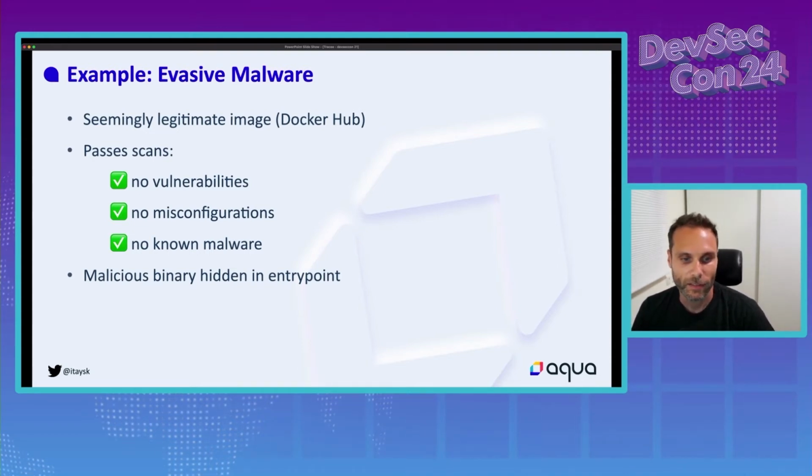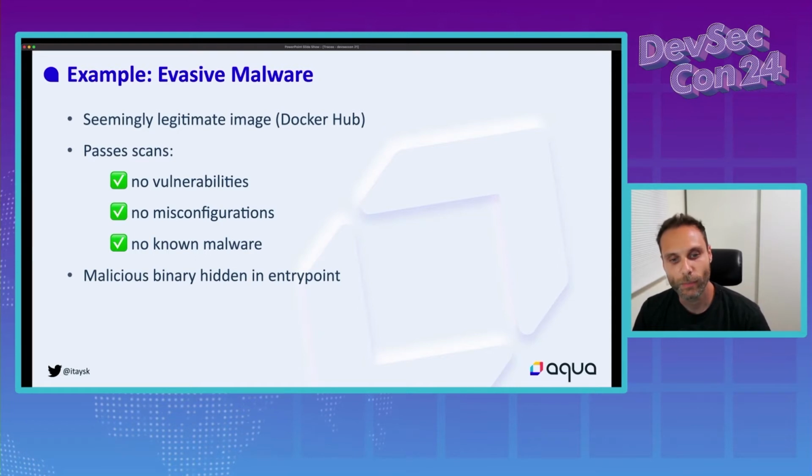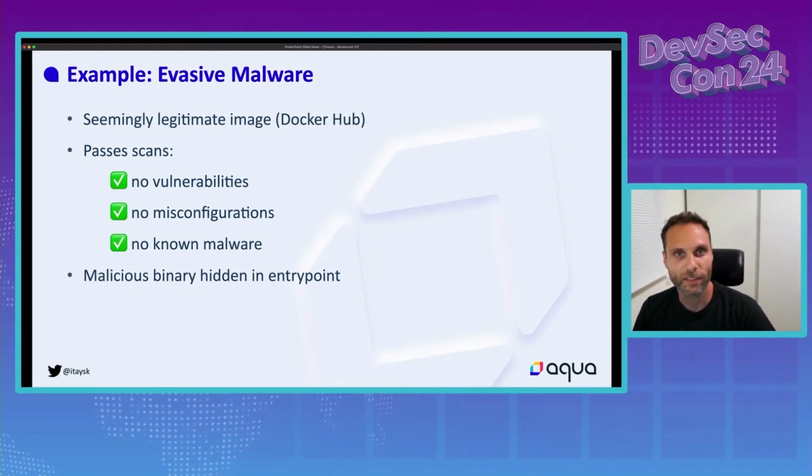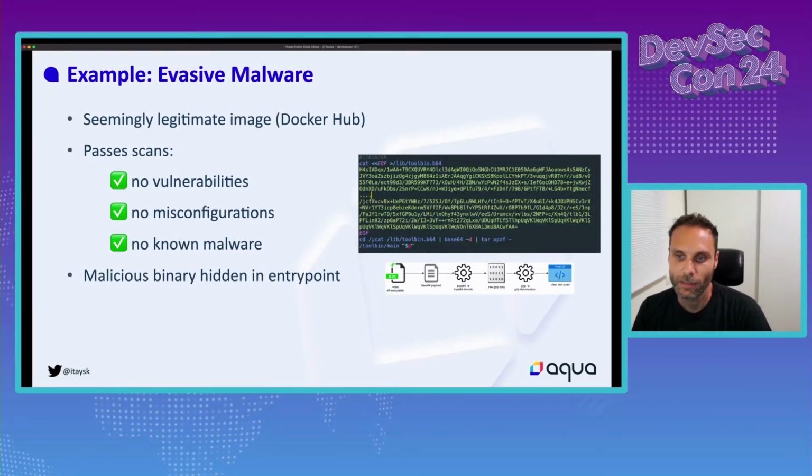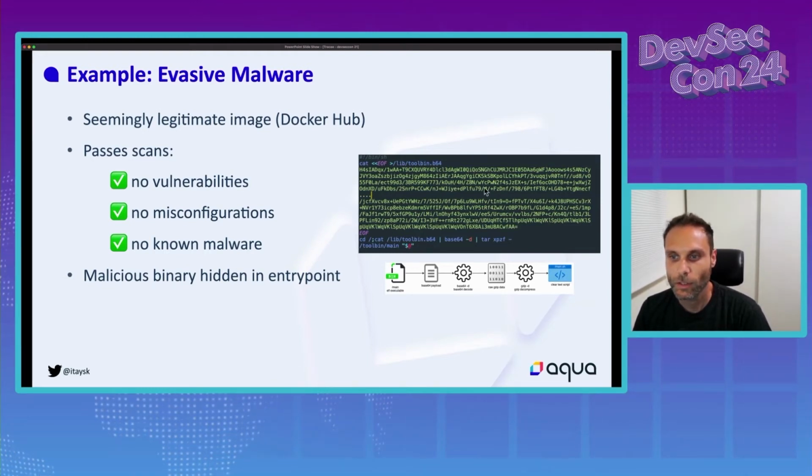And the reason is that there was a malicious binary hidden in the entry point. Now, this sounds very sophisticated and maybe challenging, but actually, if we take a look at the entry point, and you can see it right there, you see this weird looking string here that you may recognize as a base64 encoded artifact.